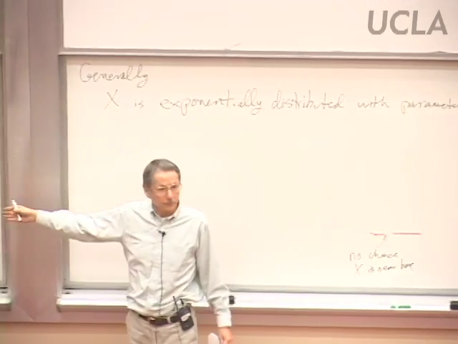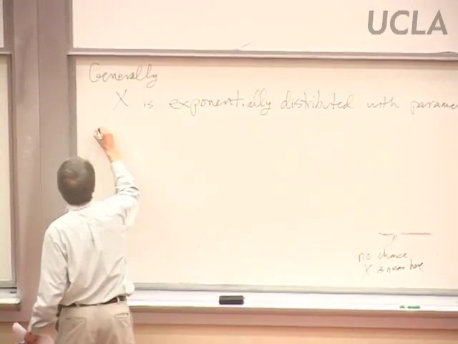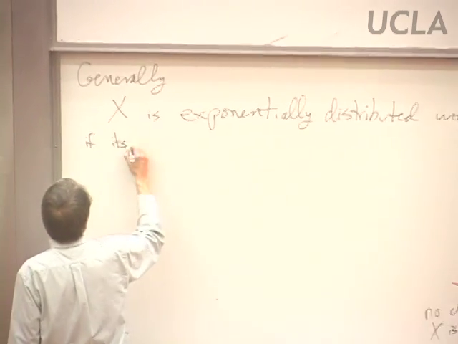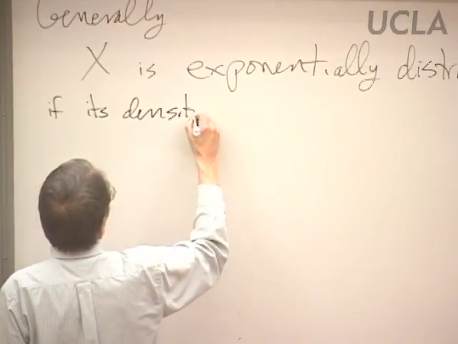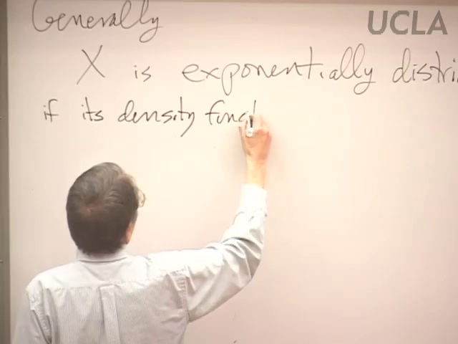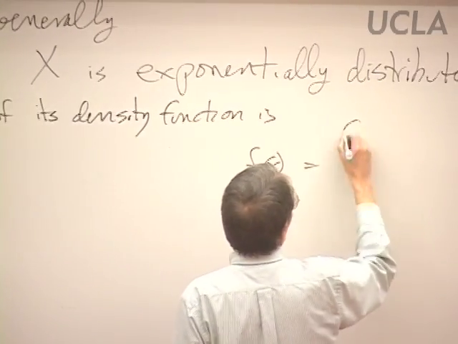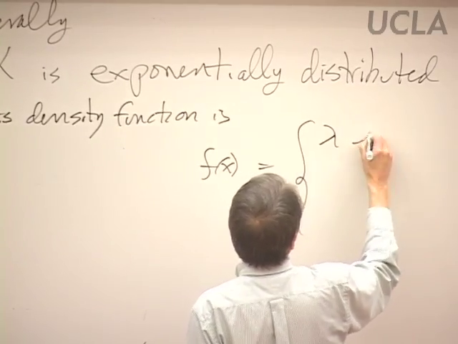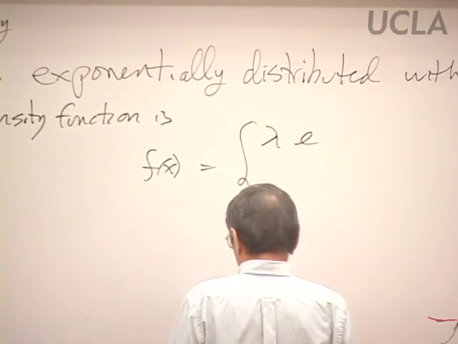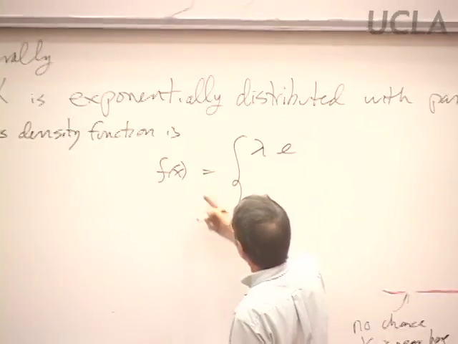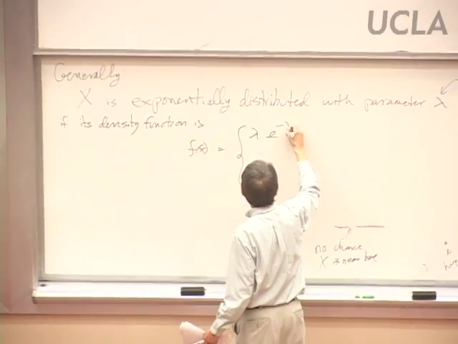If it has that density function, lambda e to the, well, should we use x or t? Doesn't matter.